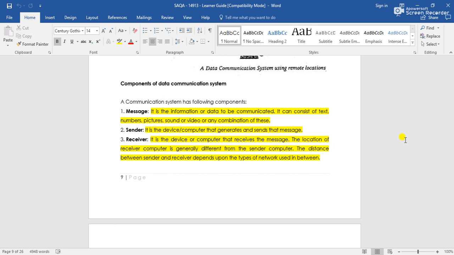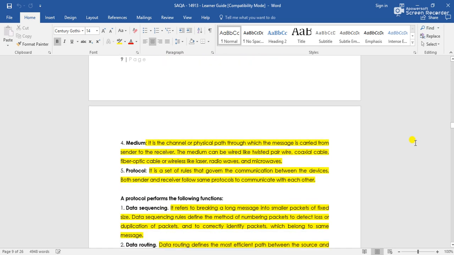Sender is the device or computer that generates and sends the message. Receiver is the device or computer that receives the message. The location of the receiver computer is generally different from the sender computer. The distance between the sender and the receiver depends upon the types of network used in between.